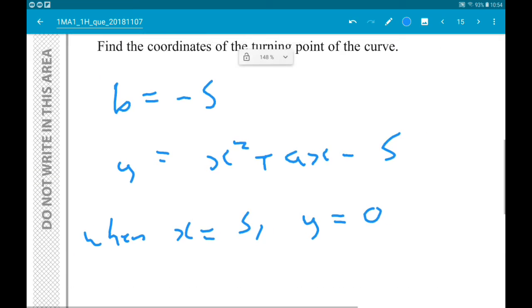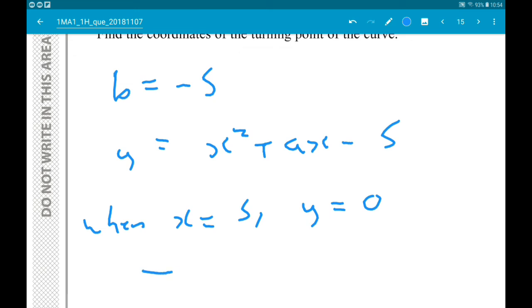So that tells us then 0 is equal to 5 squared, so 25, add a times 5, so add 5a, minus 5.